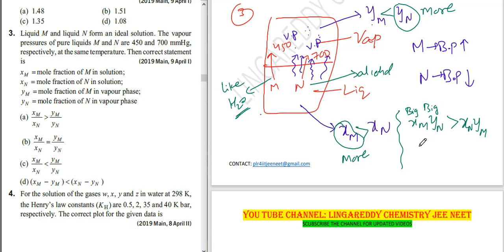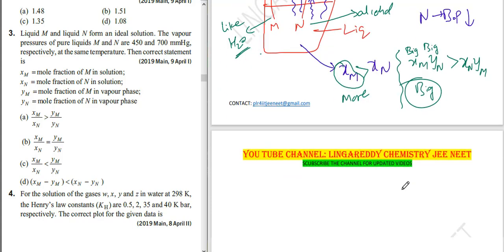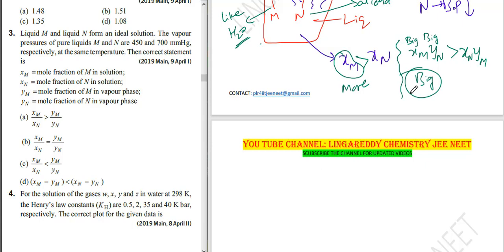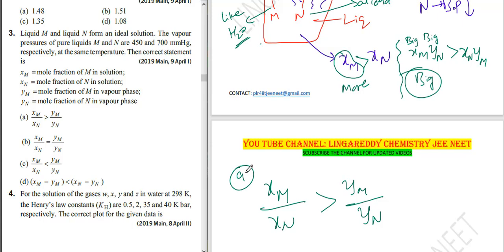Big into big, maximum value, right? xm yn is greater than xn ym. So from this I can write xm by xn is greater than ym by yn. Now see the options. The first option A is correct, so the answer is A, right?